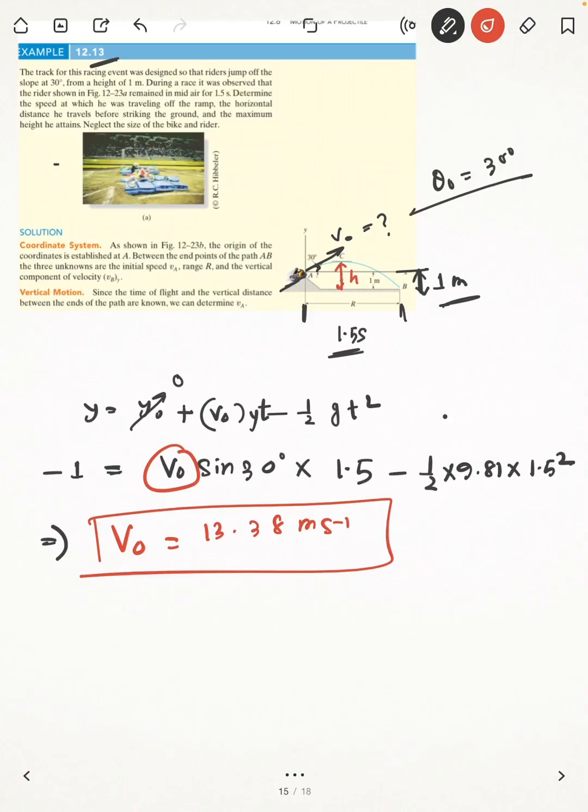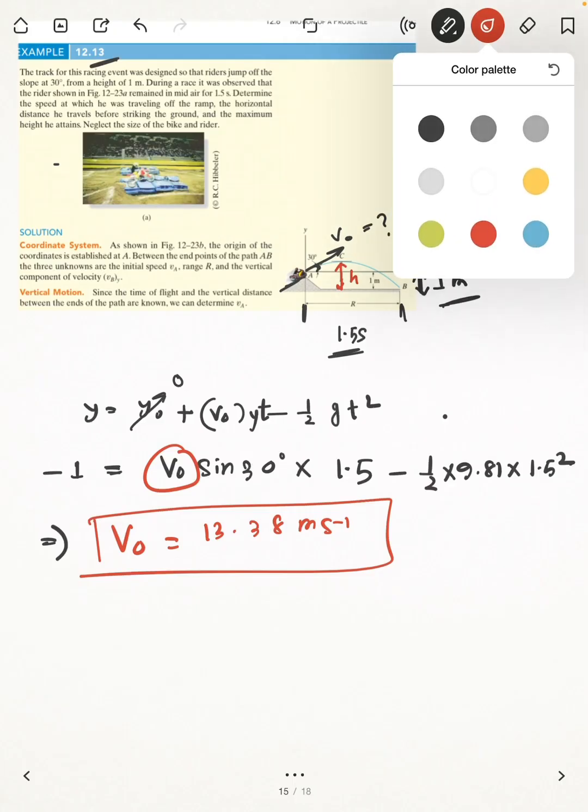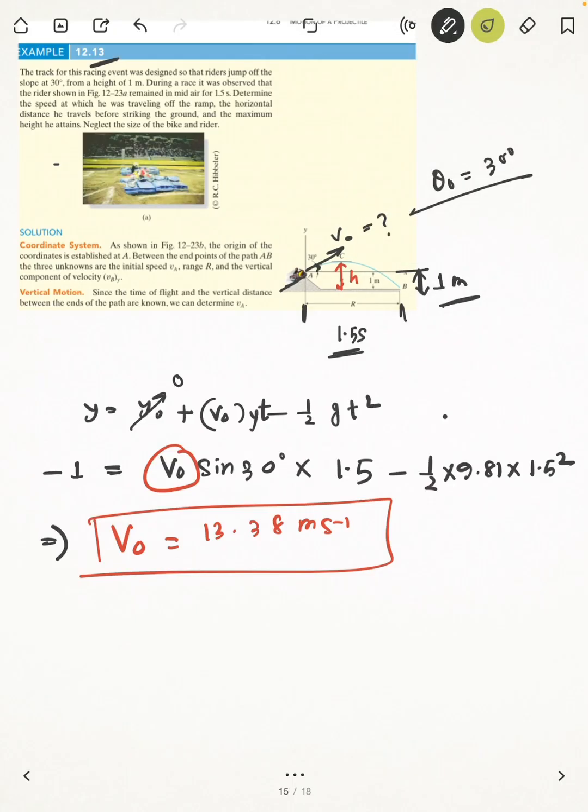Then what you were asked is the maximum distance h. This is the distance h you're asked. If I show you here, this is h. This is the ground.